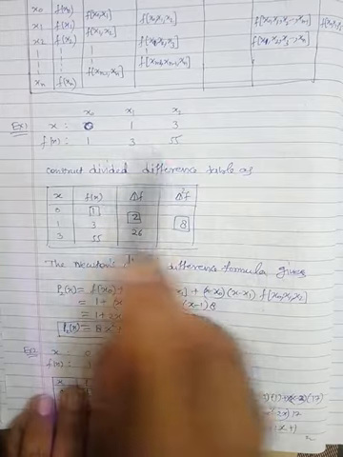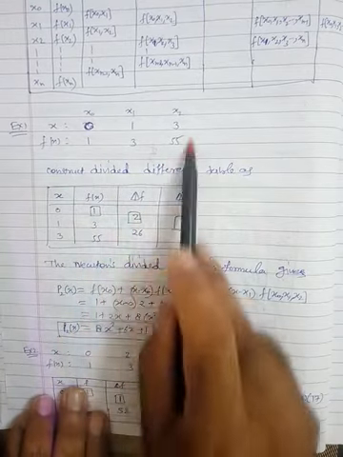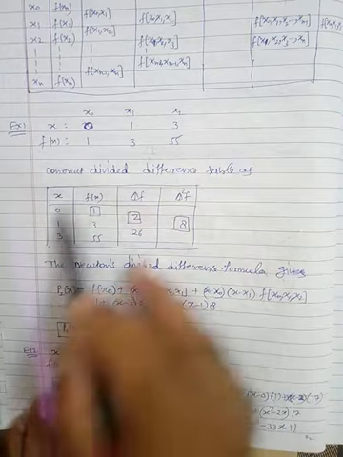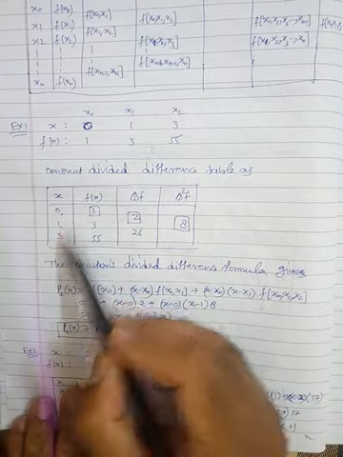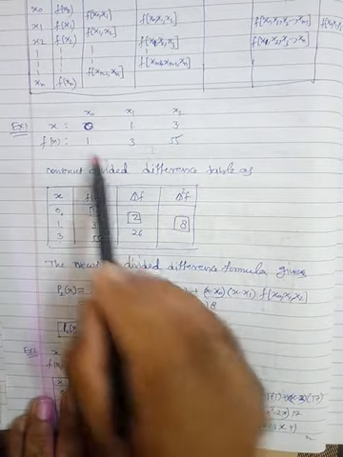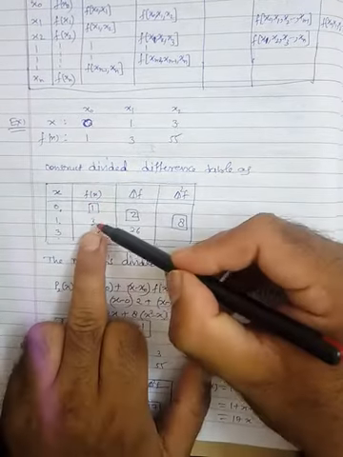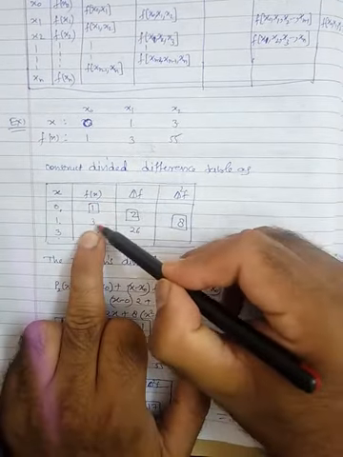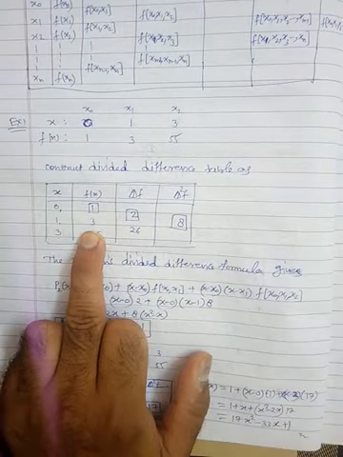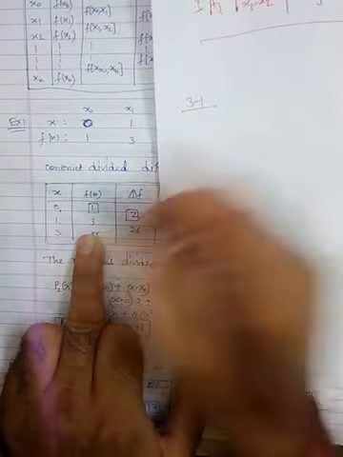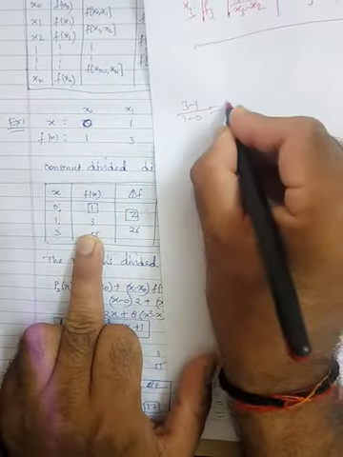Suppose we have this table, 3 data points are here, so you can fit a polynomial of degree 2. First find out the divided differences. So x values are 0, 1, 3, corresponding values are 1, 3 and 55. Find the divided difference: 3 minus 1 divided by 1 minus 0, which is equal to 2.